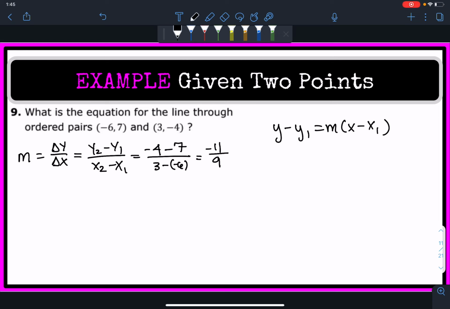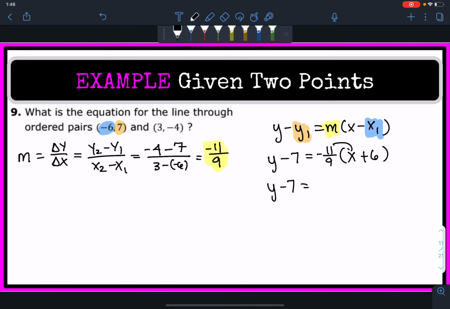We would plug in again for m that number there from our slope formula. For the y1 and the x1, I would simply have to decide which set of coordinates to use. Since I used the second set last time, I'm going to use the first set of coordinates this time. So I'm going to use -6 and 7. So y minus 7 is equal to -11 over 9 times x minus -6, so plus 6.